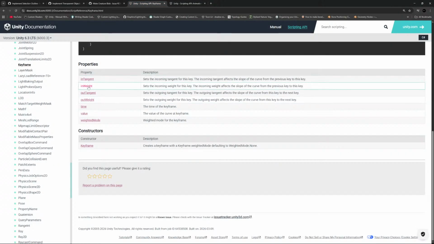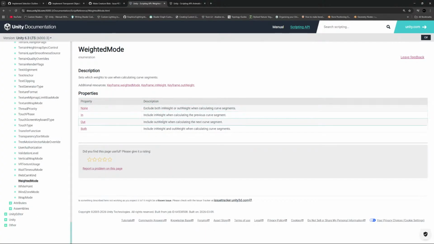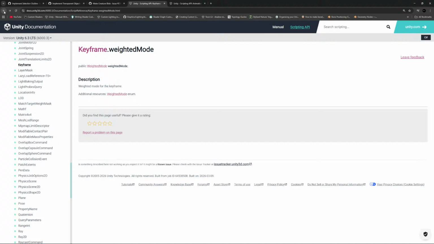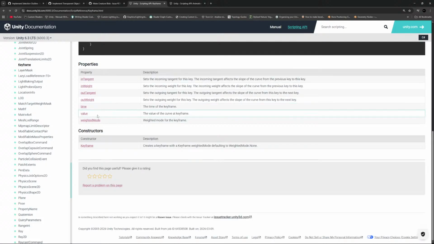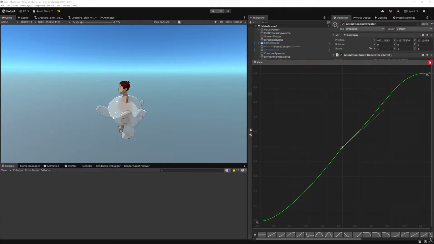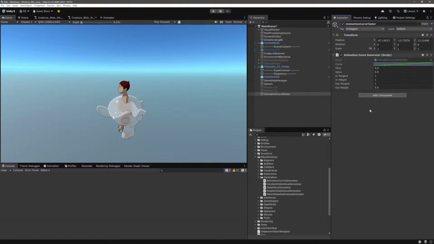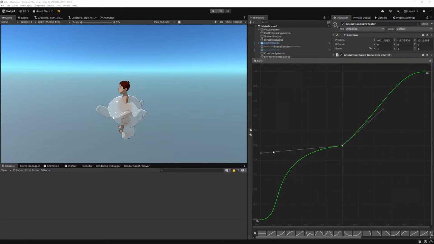Keyframe. Weighted mode. None, in, out, both. Okay, so one gives us this. 0.1 gives us this.